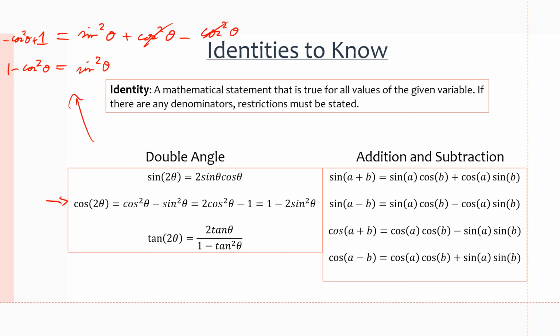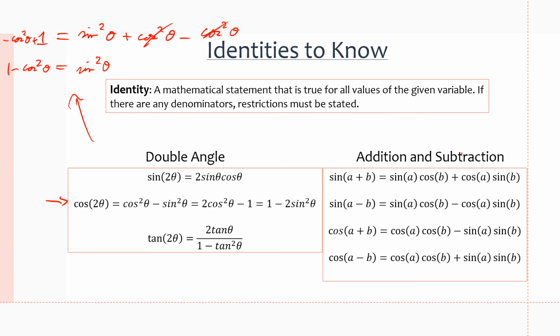If we have them in this format, sine of angle A plus angle B is actually going to equal sine of A times cosine of B plus cosine of A times sine of B. Now, our subtraction, sine of angle A minus angle B, is going to equal sine of A, the first angle, times cosine of B, the second angle, minus cosine of A, the first angle, times sine of B, the second angle.